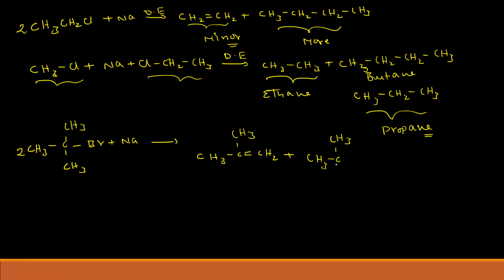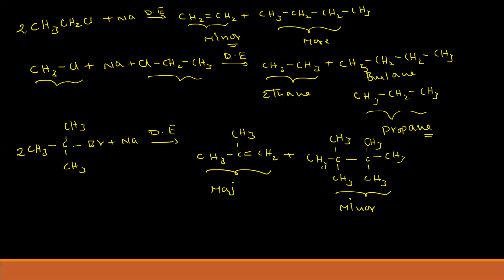If the combination product is major, we can use the Wurtz reaction. But here the combination product is minor and the disproportionation product is major. Because of this, we cannot use tertiary alkyl halides in the Wurtz reaction.